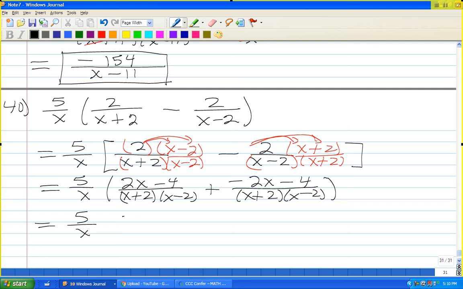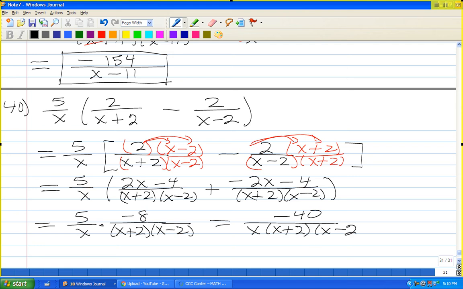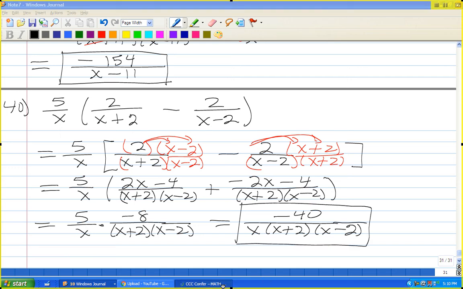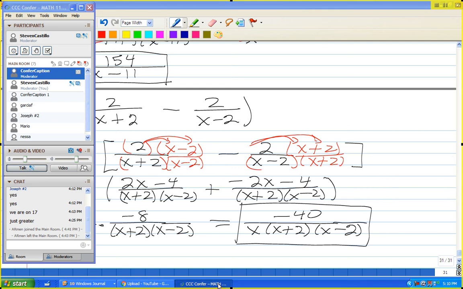Minus 4 is a negative 8 over x plus 2, x minus 2. Positive times negative is negative. So we get a negative 40 over x plus 2, x minus 2. And that is your answer. Any questions about that? Good.